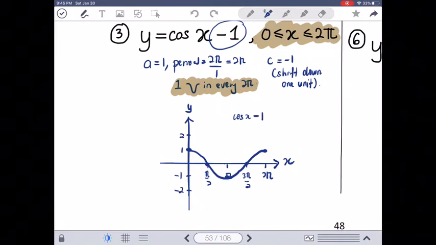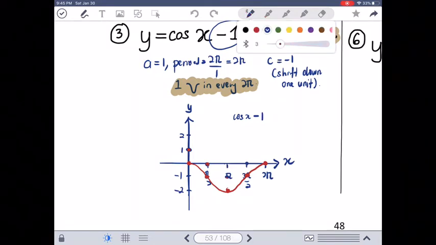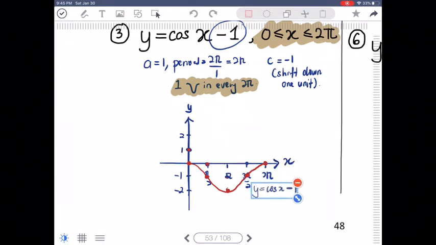Next we shift down 1 unit, means that from 1 to 0, then from 0 to -1, from -1 to -2, from 0 to -1, from 1 to 0. So our new graph will look like this, and we can erase the old graph. So this is the graph of y equals cos x minus 1.